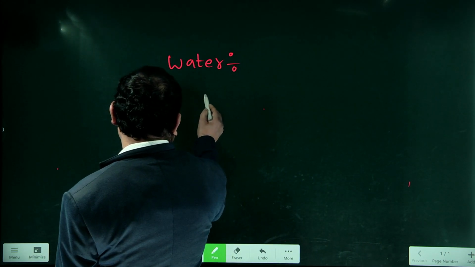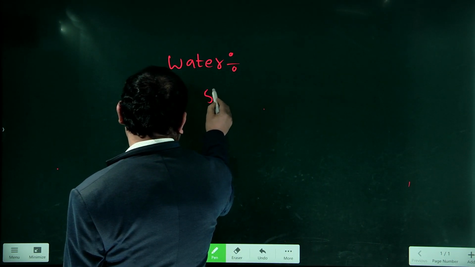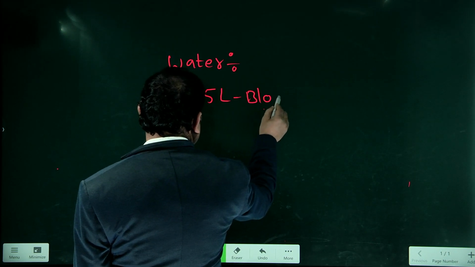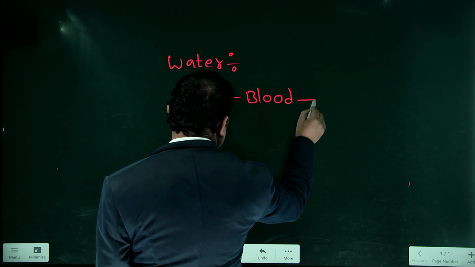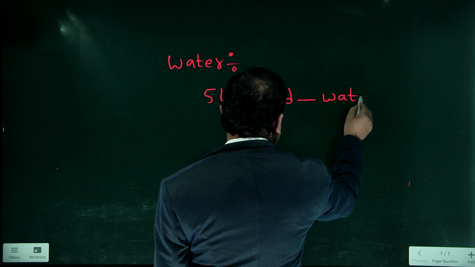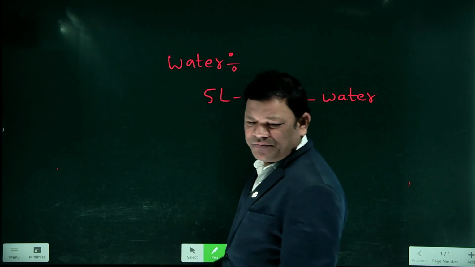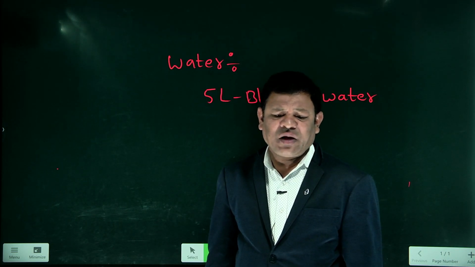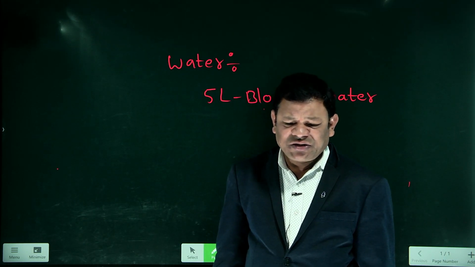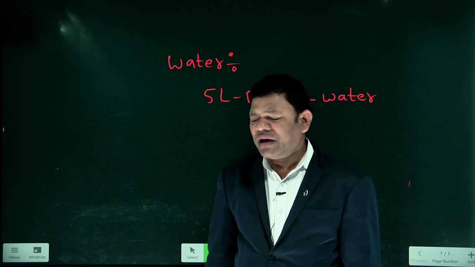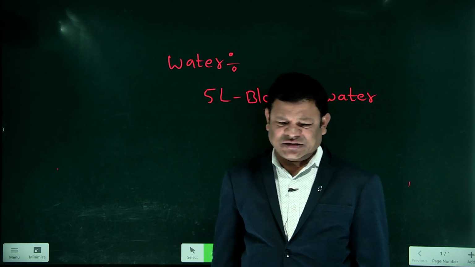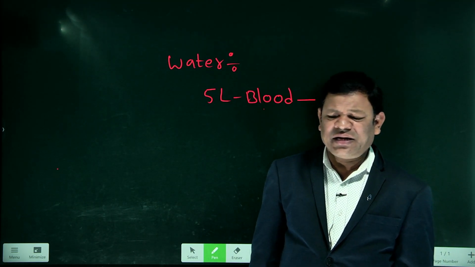In our body, nearly 5 liters of blood is present. In that blood, the major component is water only. So this water is helping the digestion.